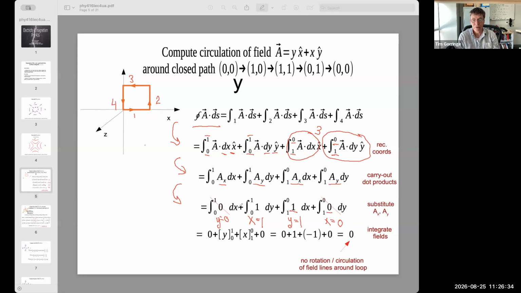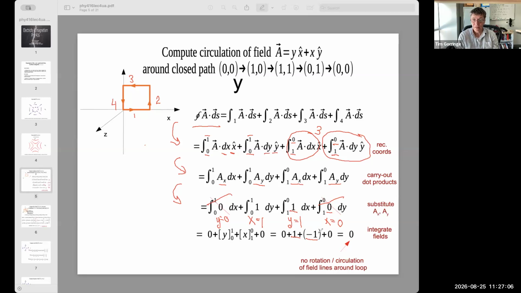At that point, I got four integrals. I can just carry out those four integrals. These two are 0 at the left and right. The two in the middle are just integrals of dy or dx from either 0 to 1 or 1 to 0. That just gives us a +1 or a -1, depending on whether we've got the limits in this order or this opposite order here.